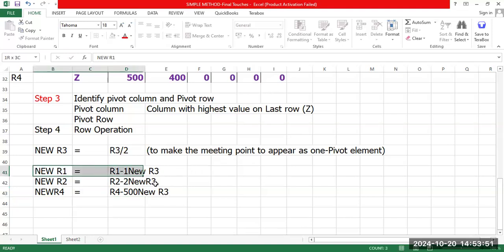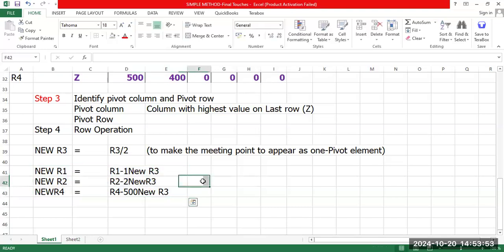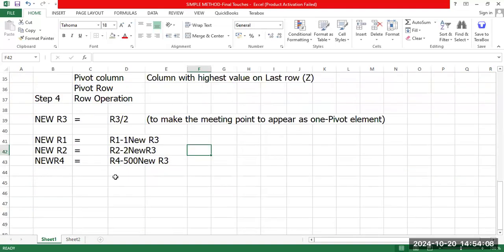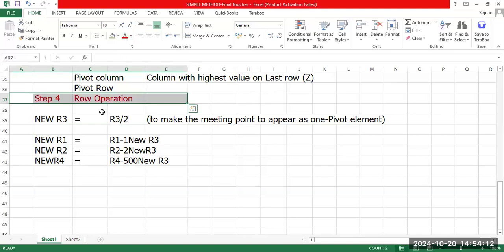Whatever you are doing here is to make sure that you get the value as 0 on the what? On the pivot column. Okay, so that is your row operation. That's how we develop the formulas.